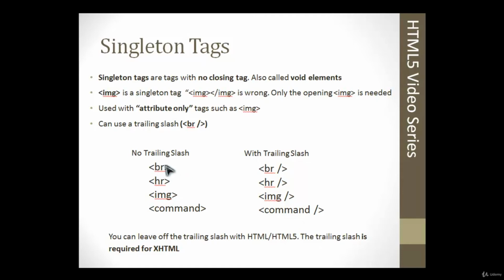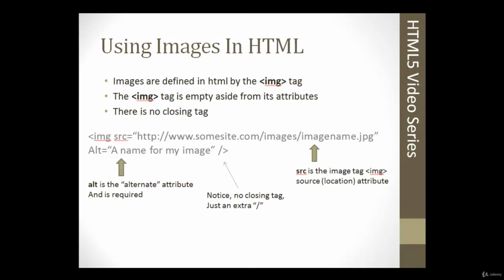We have the line break, the horizontal line, image, and this is what they would look like with the trailing slash. And once again, if you're using XHTML, which is not covered in this tutorial, this is how you would do it.